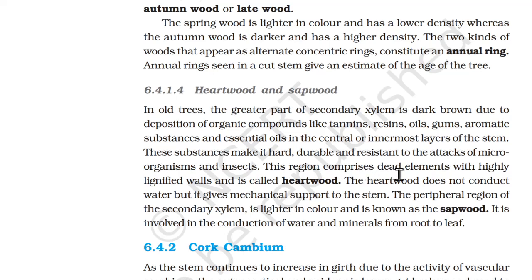This region comprises dead elements with highly lignified walls and is called heartwood. The heartwood does not conduct water, but it gives mechanical support to the stem. The peripheral region of the secondary xylem is lighter in color and is known as sapwood. It is involved in the conduction of water and minerals from root to leaf.